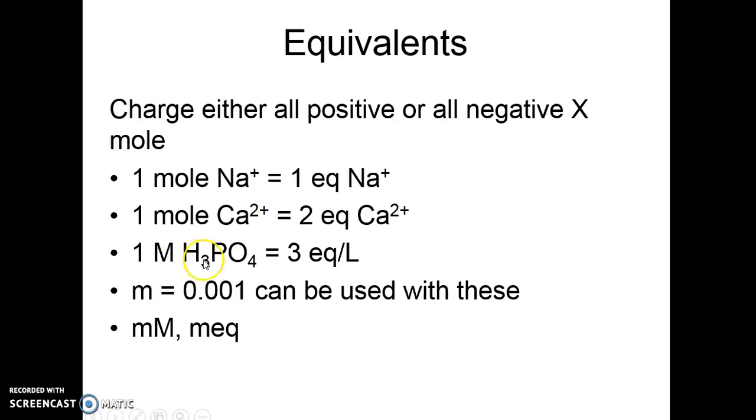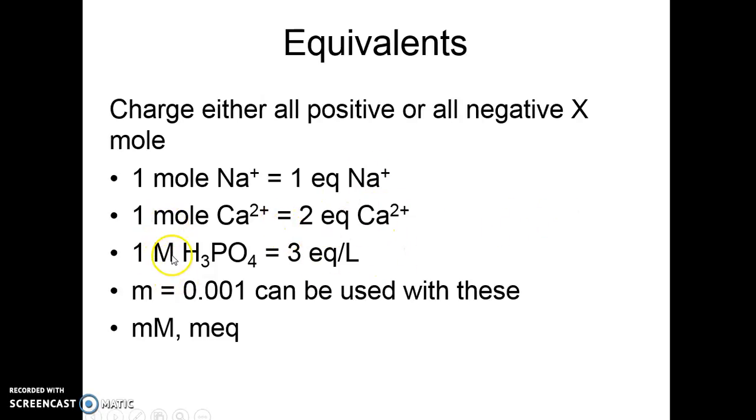What if I have 1 mole of this phosphoric acid? Well, I can either take the positive side or the negative side and look at it. It doesn't matter, because the number of positives is equal to the number of negatives. The number of positives, hydrogen would be +1, so 3 times +1, or phosphate has a charge of -3. 3 times number of moles gives me 3 equivalents per liter.